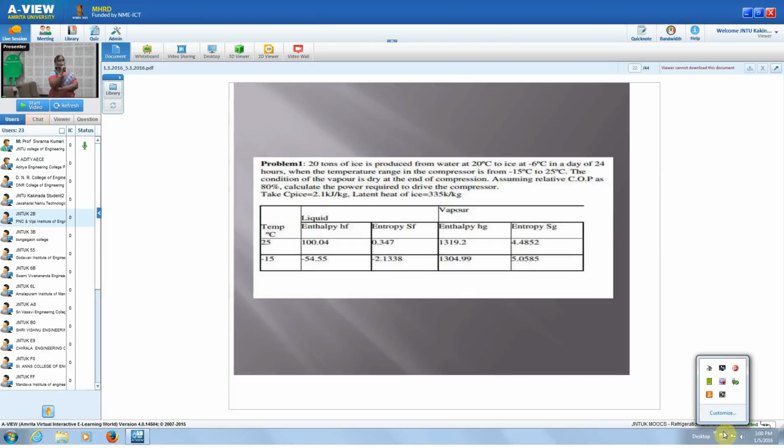So that is the evaporator. At minus 15 degrees centigrade, the liquid enthalpy is minus 54.55 kilojoules per kg and the entropy is minus 2.1338 kilojoules per kg Kelvin.